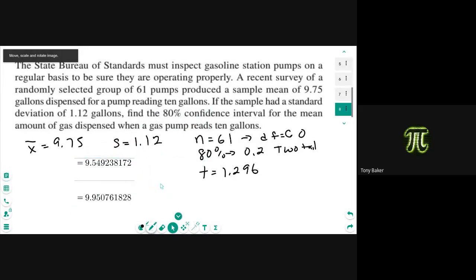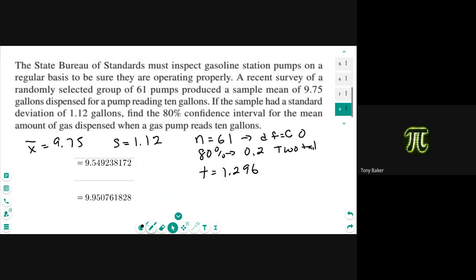That's what you should have gotten for your T. That makes sense?